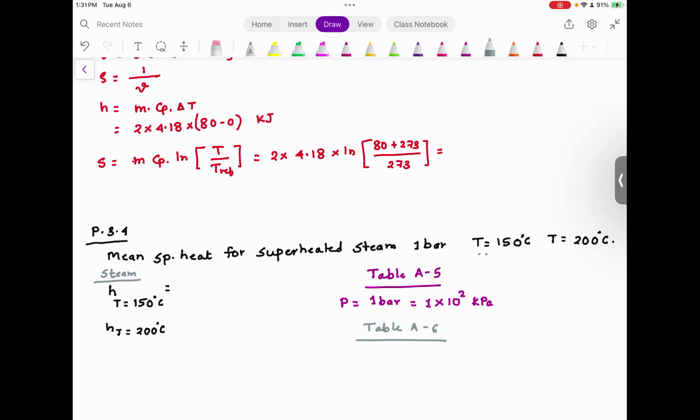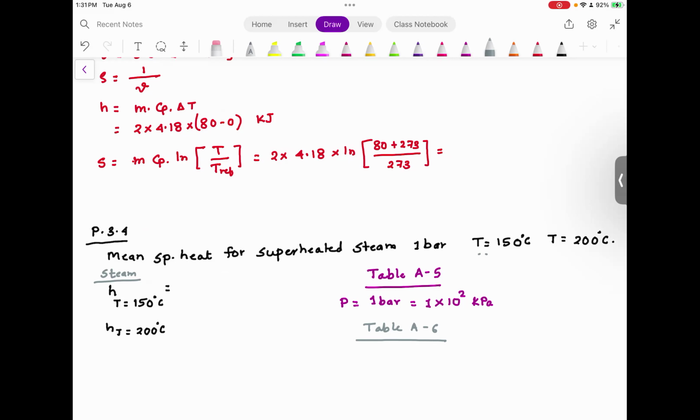So if the pressure is 0.01 megapascal, mega means 10 to the power 6. Bar means 10 to the power 5. So 0.01 megapascal means 0.1 bar. Are you with me? So water will boil at 45.8 when the pressure is 0.1 bar. Everyone understood this?